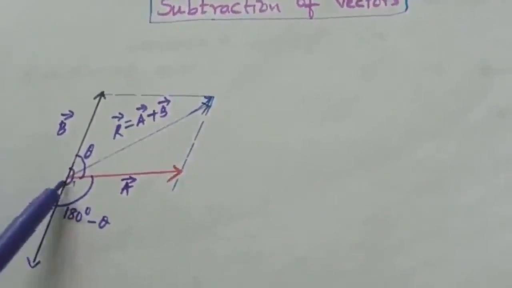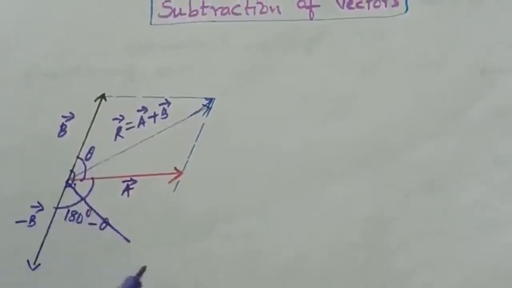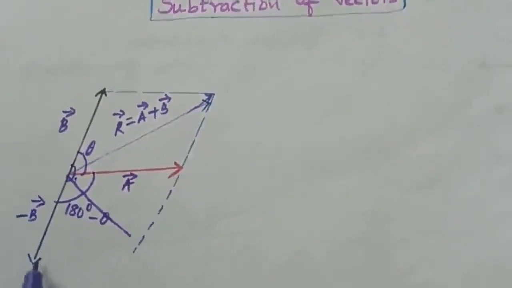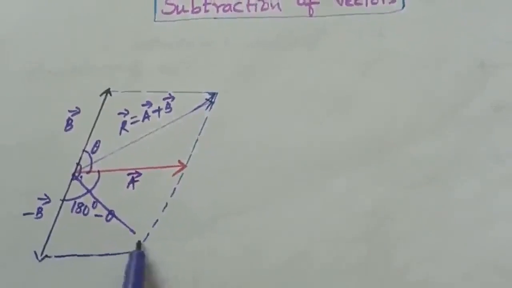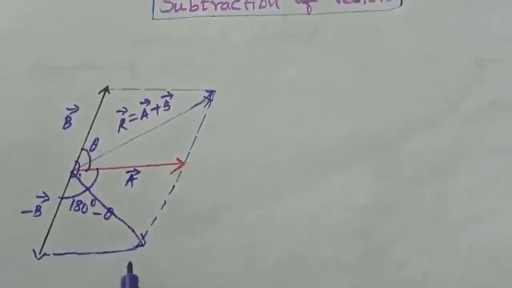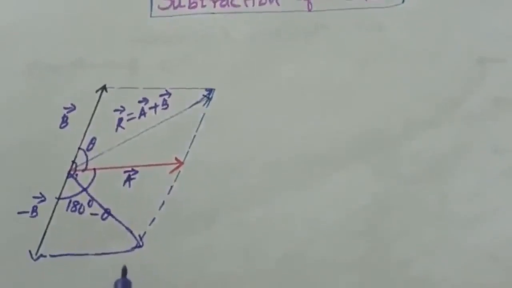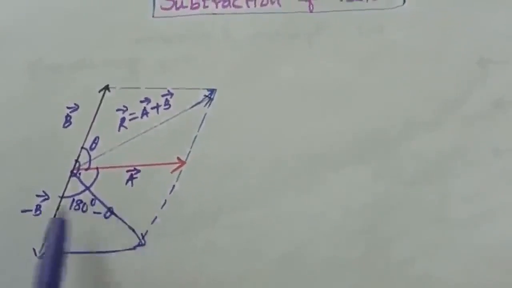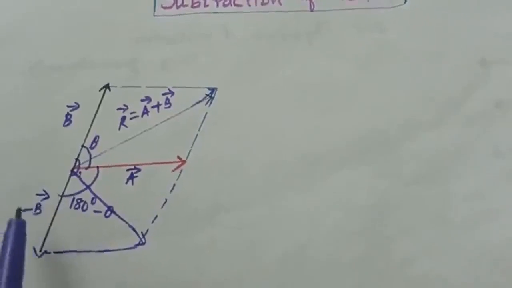Okay, now calculate the resultant of the two vectors A vector and minus B vector. What is the resultant of the two vectors? Now draw the parallelogram. So now calculate the resultant of A vector and minus B vector.